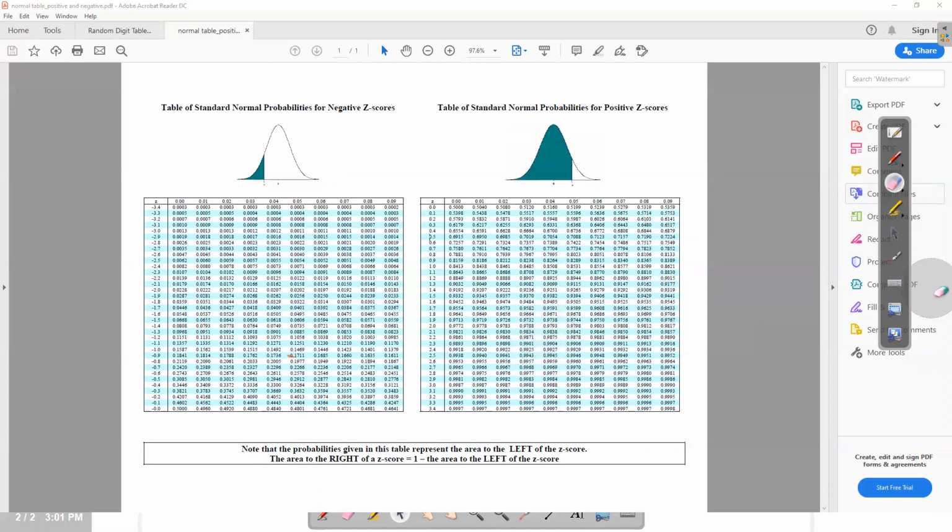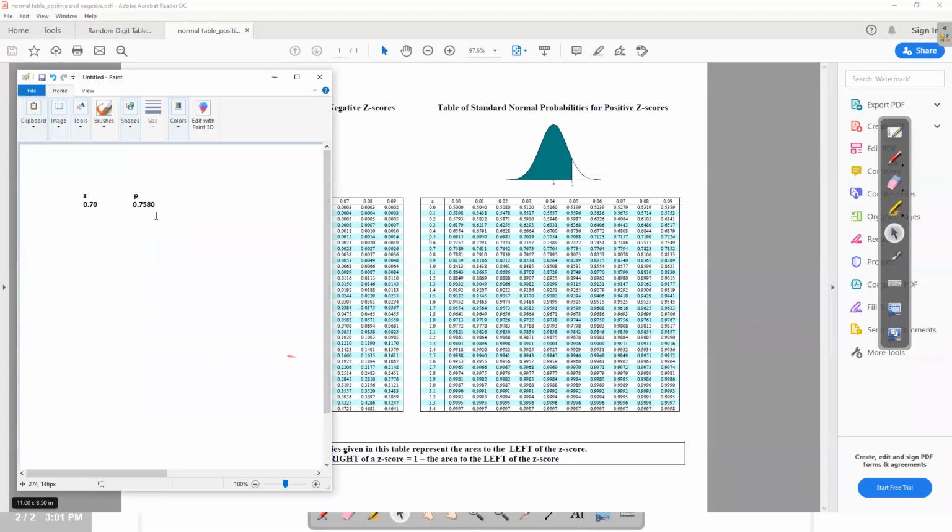So if you read a pair of 0.70 as a Z-score and 0.7580 as probability, you have a Z distribution centered at 0, standard deviation equal to 1, right?